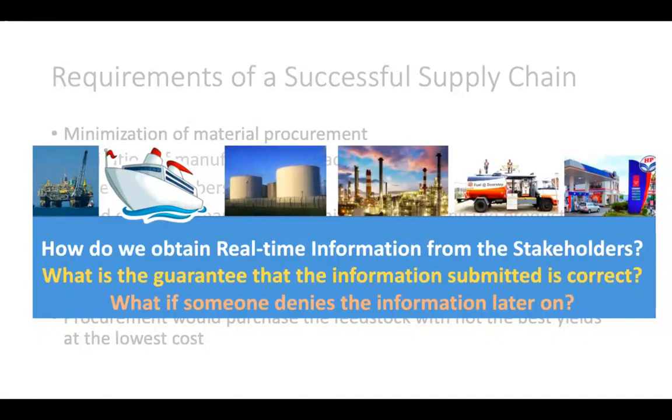So non-repudiation is required in this case. And then, how to maintain all these, to coordinate the stakeholders, maintain the correct information, maintain the non-repudiation? The answer for the requirements of a successful supply chain is blockchain.